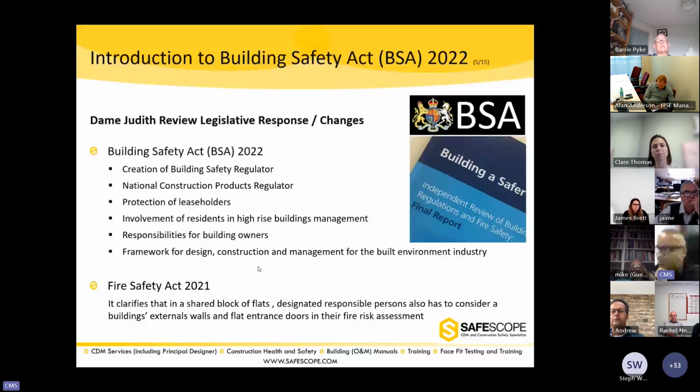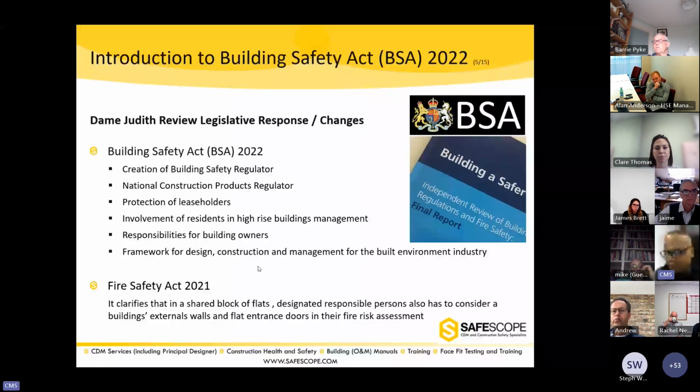The National Construction Products Regulator has been established. There is protection for leaseholders and involvement of residents in high-rise building management. Responsibilities for building owners, and a framework for design, construction, and management for the built environment industry. What's important to us while we're sitting here is the creation of the Building Safety Regulator.